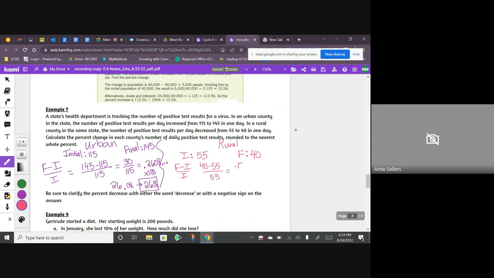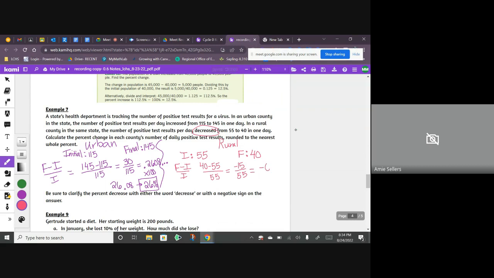So we're going to have negative 15 divided by 55. You may be a little perplexed why we have a negative here, but remember that the rural county is decreasing their test results. So we should see a negative with that.